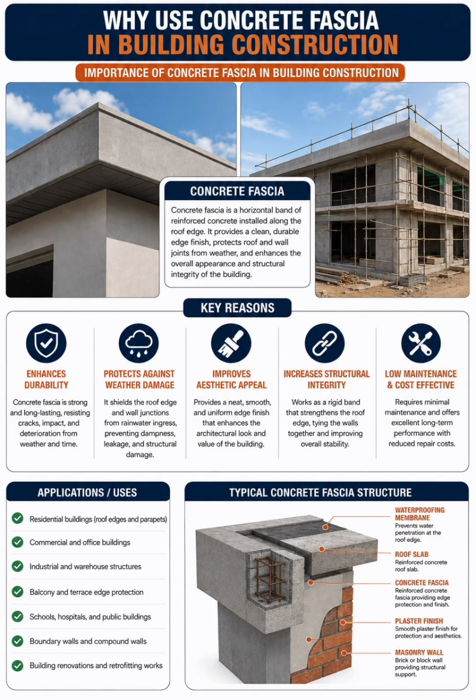Then we have the plaster finish, which is a smooth plaster finish for protection and aesthetics, because after constructing your concrete fascia, you're still going to do plastering work. You plaster it to give it that aesthetic beauty. Then we have a masonry wall, either your brick or block wall, which helps to provide structural support for the building.